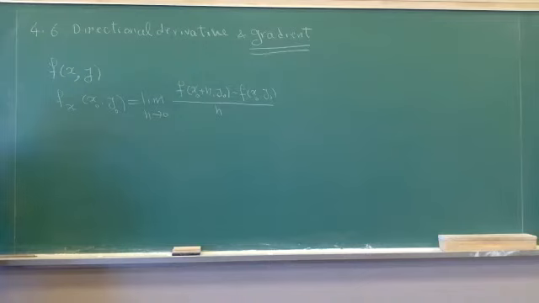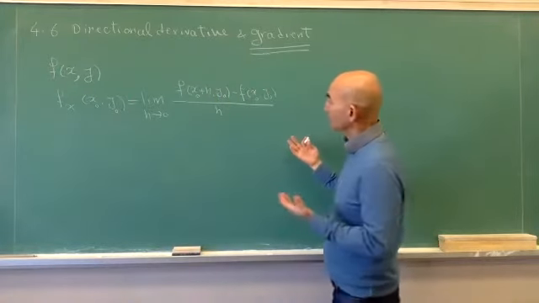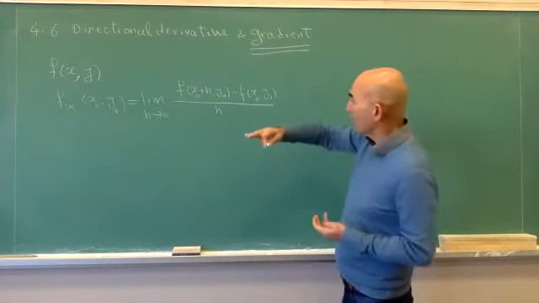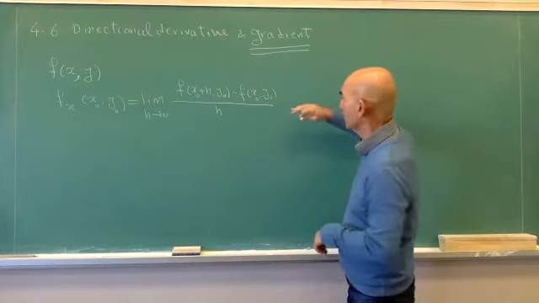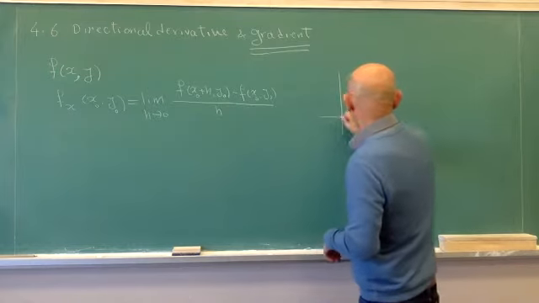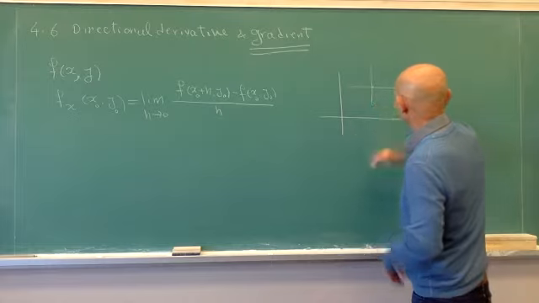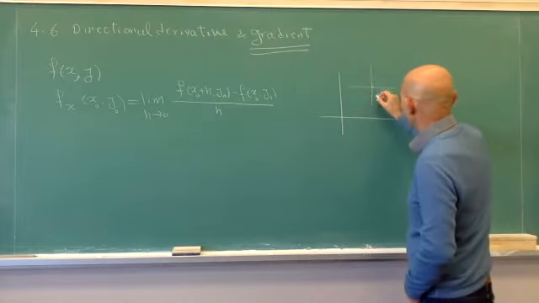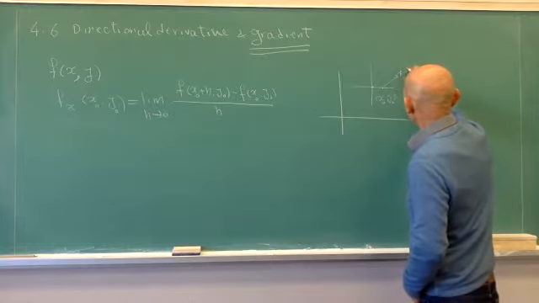So as we emphasized, what is this quantity? This quantity is the rate of change of f along the line that's parallel to the x-axis but passes through this point. So this is x0, y0, and this point is x0 plus h and y0.